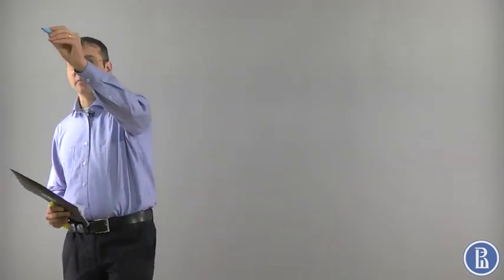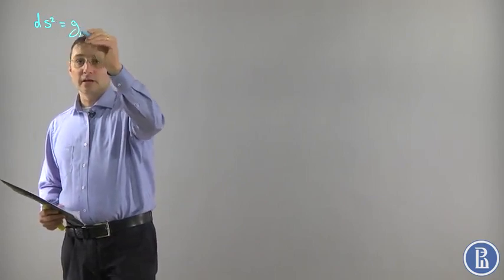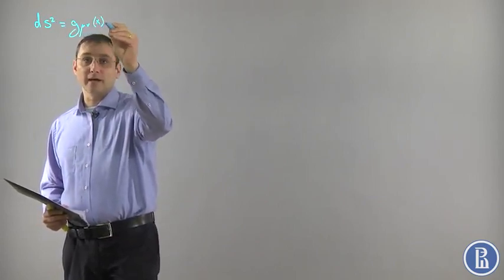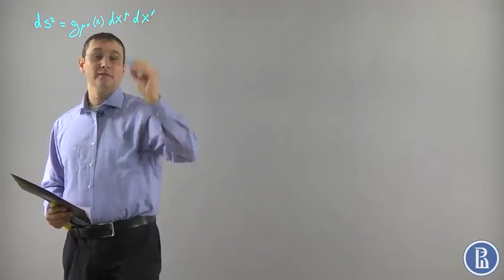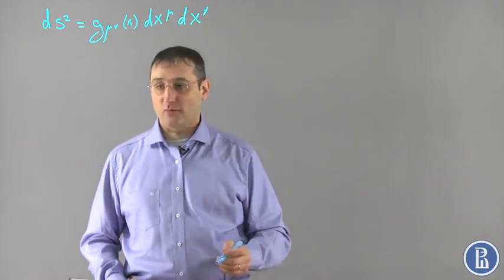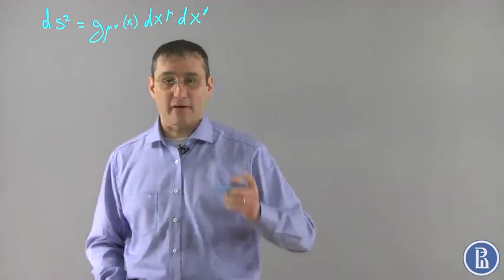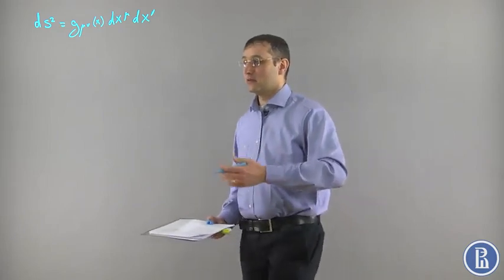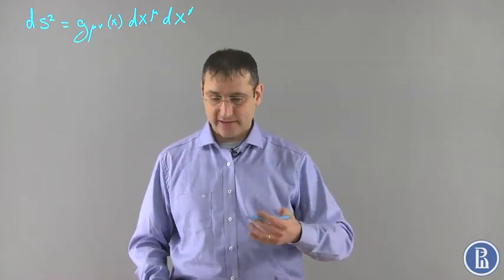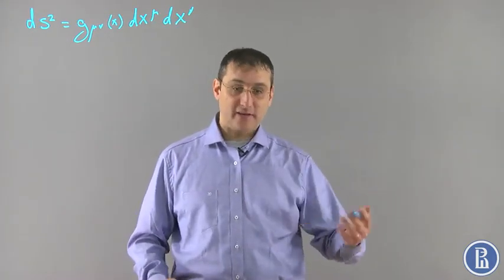So we have to build up an invariant from the metric for the beginning. We have at our disposal the metric tensor, and we want to build an invariant which will compose the action. The action should be an integral over spacetime of some density, and this integral should be invariant.